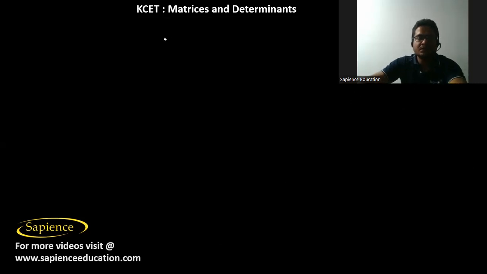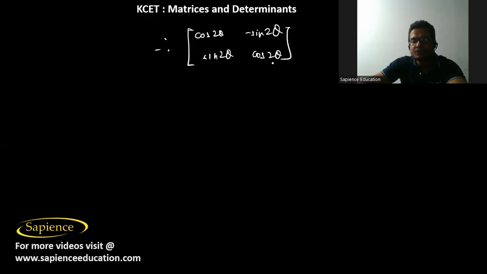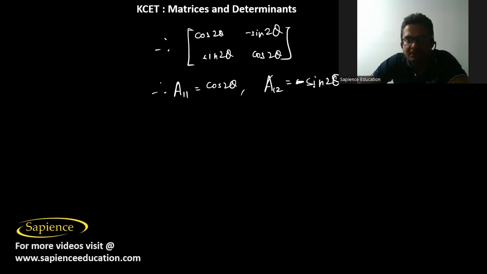Now first we have to find A11: remove the first row and first column, so that will be cos 2 theta. Similarly A12: remove the first row and the second column, and keep a minus, so that will be minus sin 2 theta, since (-1) to the power 1 plus 2 is minus 1.